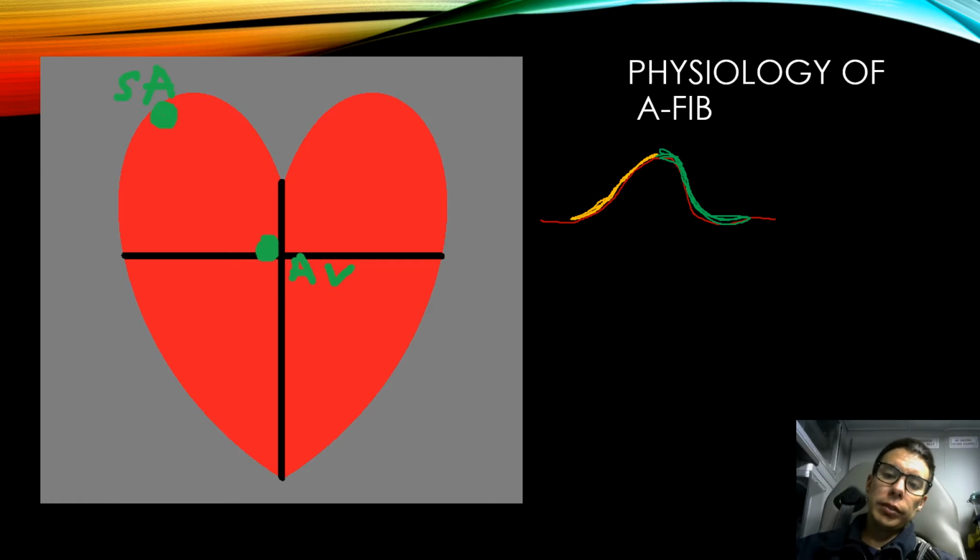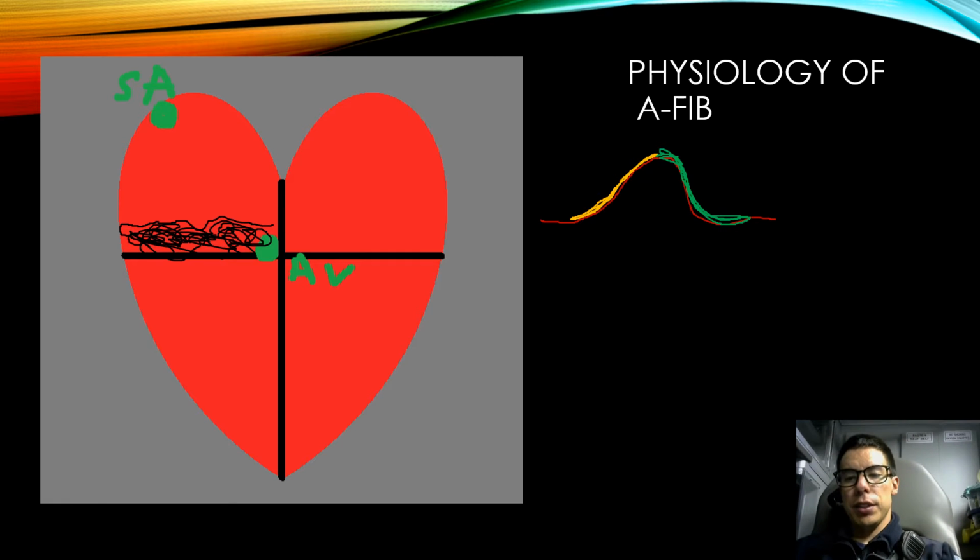So say that we have just like this little bit of blood right here that's still left. And it stays stagnant because it's not getting pumped out effectively.